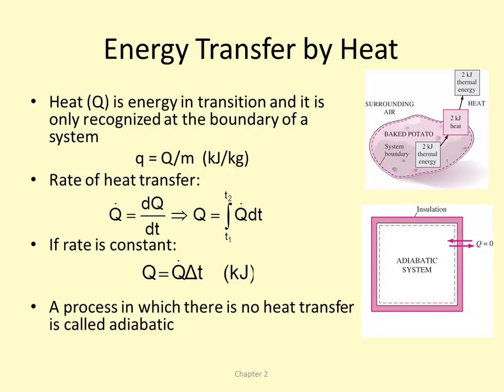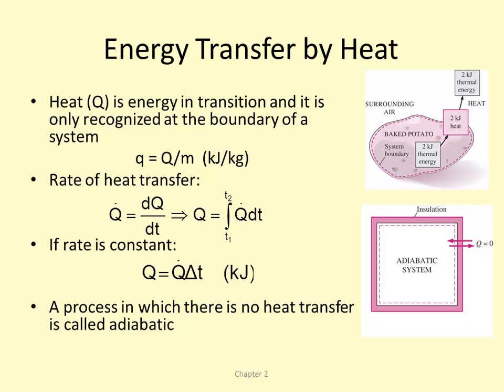Okay, so energy transfer by heat, it's recognized at the boundary, and all of these terms should be familiar. If you have a small lowercase q, it's just basically q divided by the mass, so it becomes an intensive property.